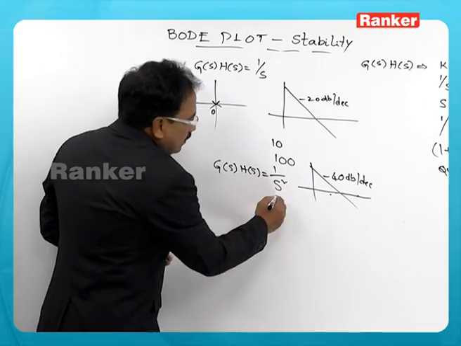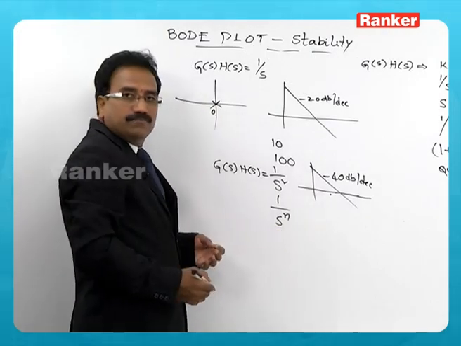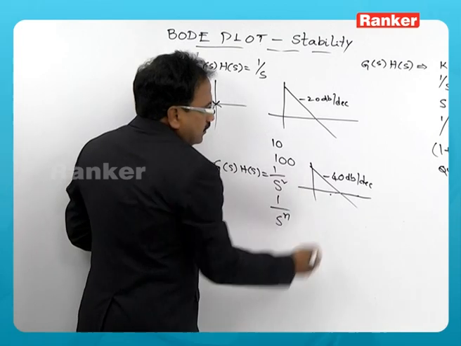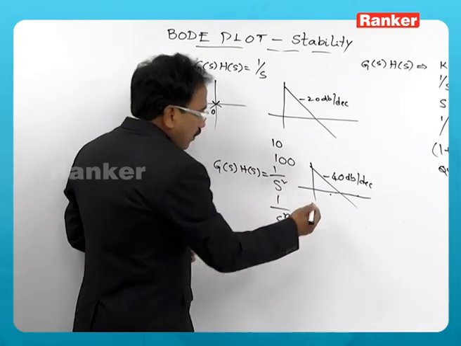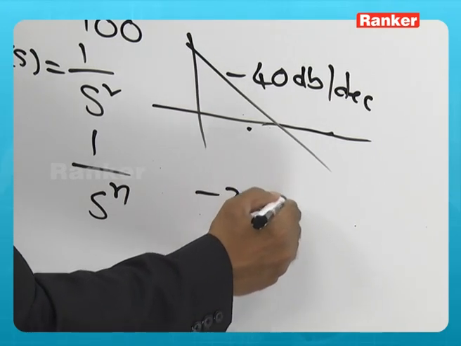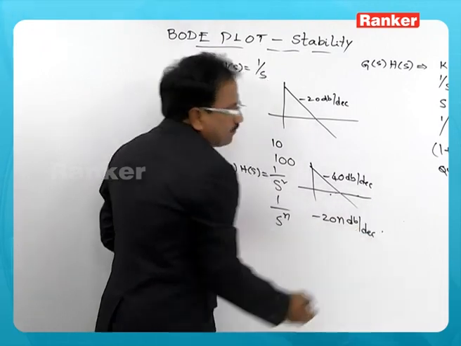So, in general when it is s power n, n is number of poles at origin, then the slope of the magnitude plot for this will be minus 20 n dB per decade.